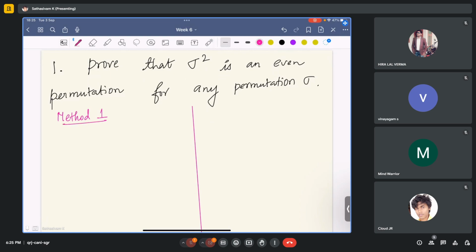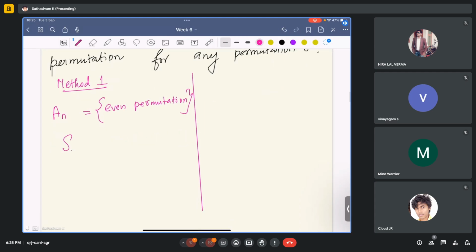So what we have seen is that An is nothing but the set of all even permutations. And what we have observed is Sn by An, that's a map from here to plus or minus 1.